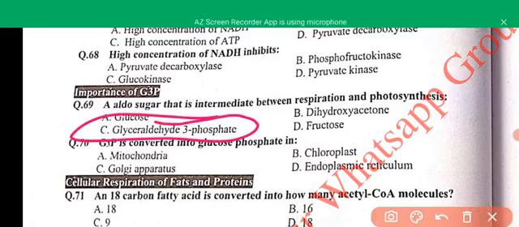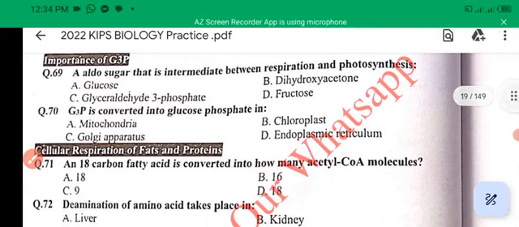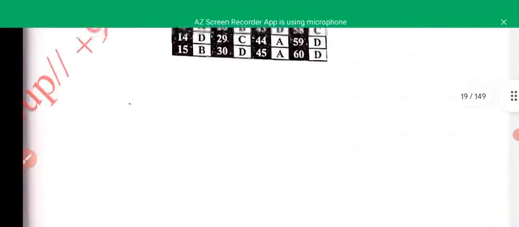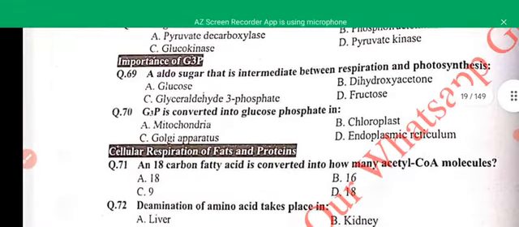Dihydroxyacetone phosphate is also an intermediate, but it is ketonic. So the aldo sugar is glyceraldehyde 3-phosphate. 69 C. Okay, best.